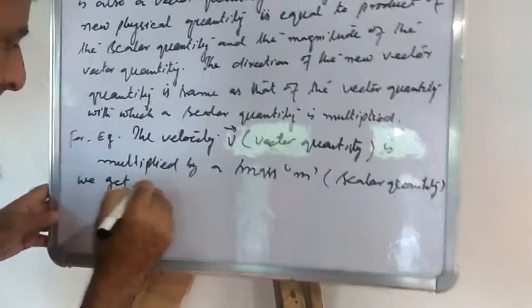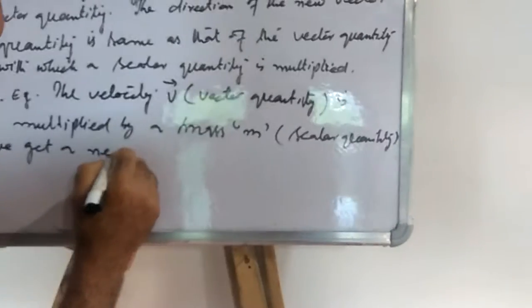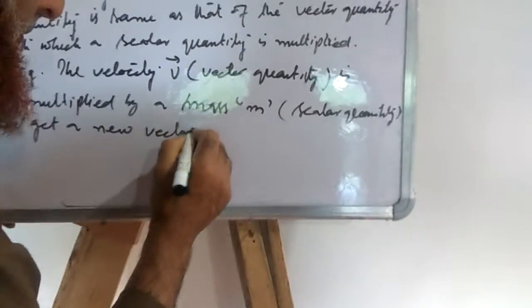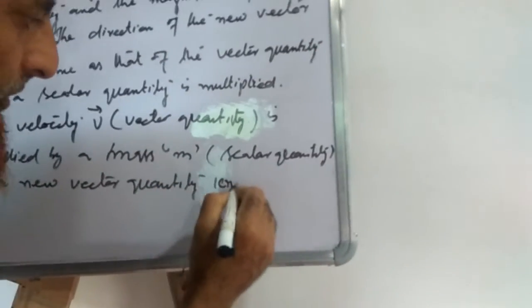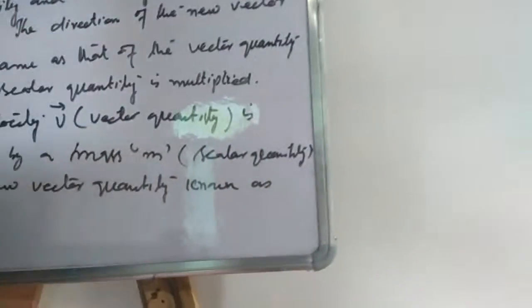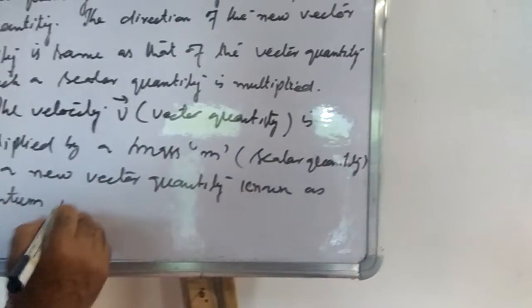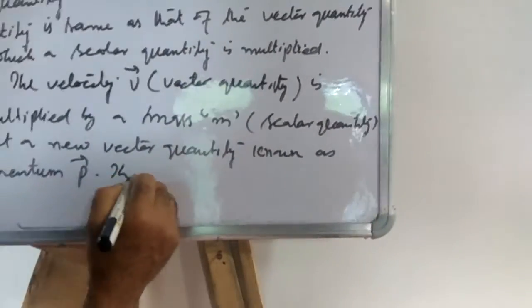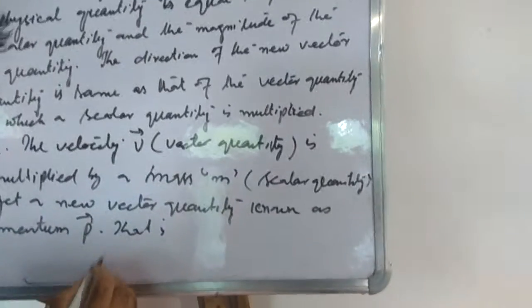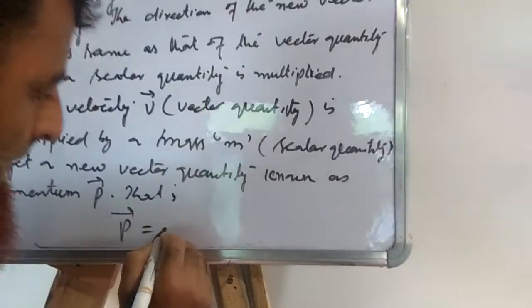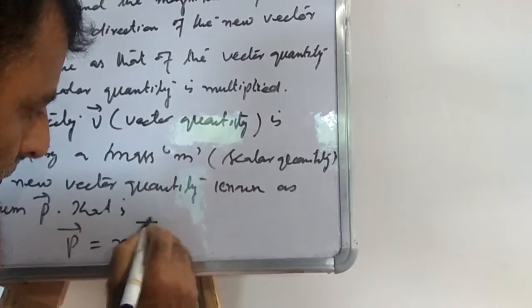We get a new vector quantity known as momentum. That is, momentum is equal to mass times velocity.